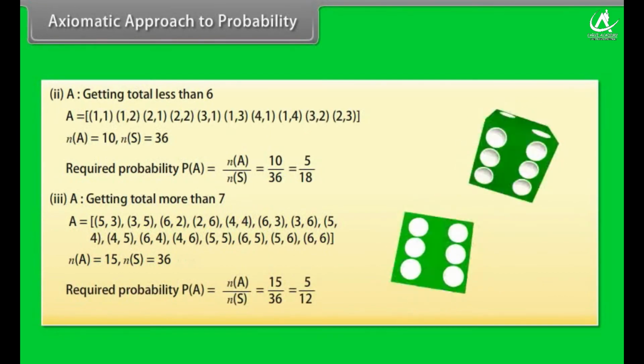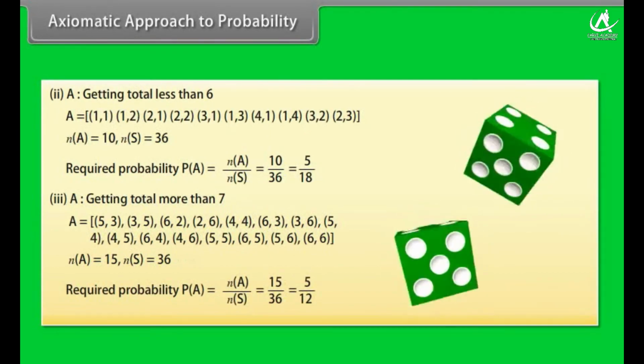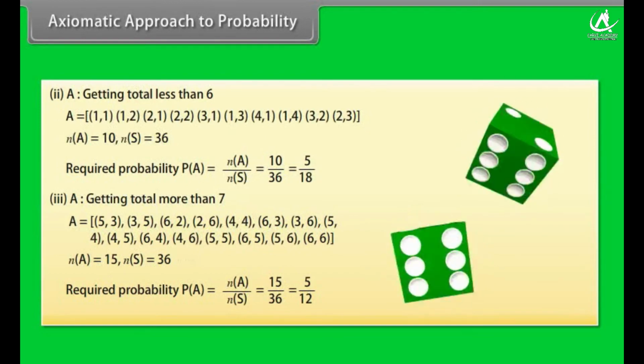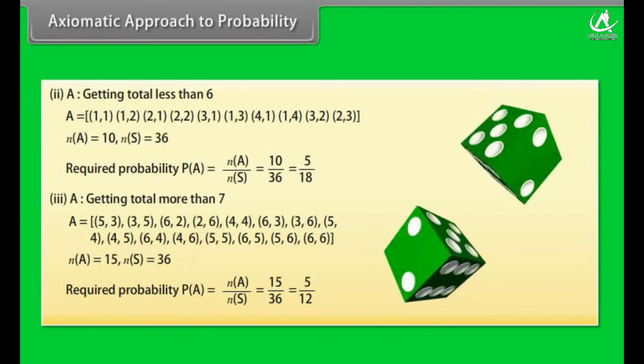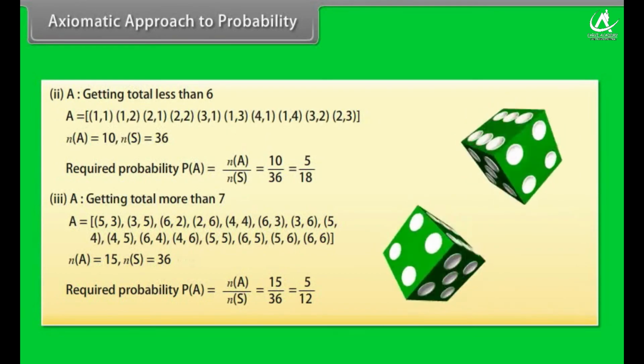Required probability P(A) is equal to n(A) by n(S) is equal to 15 by 36, which is equal to 5 by 12.